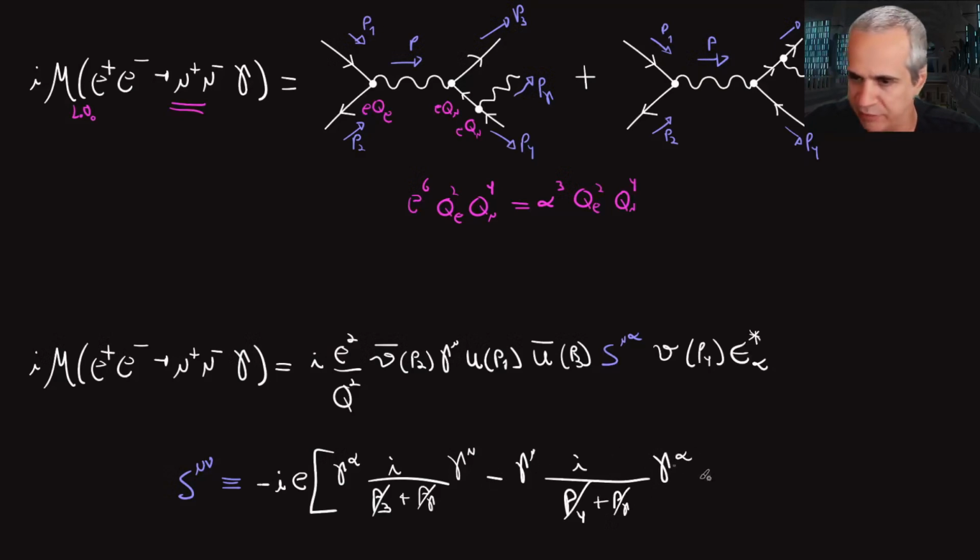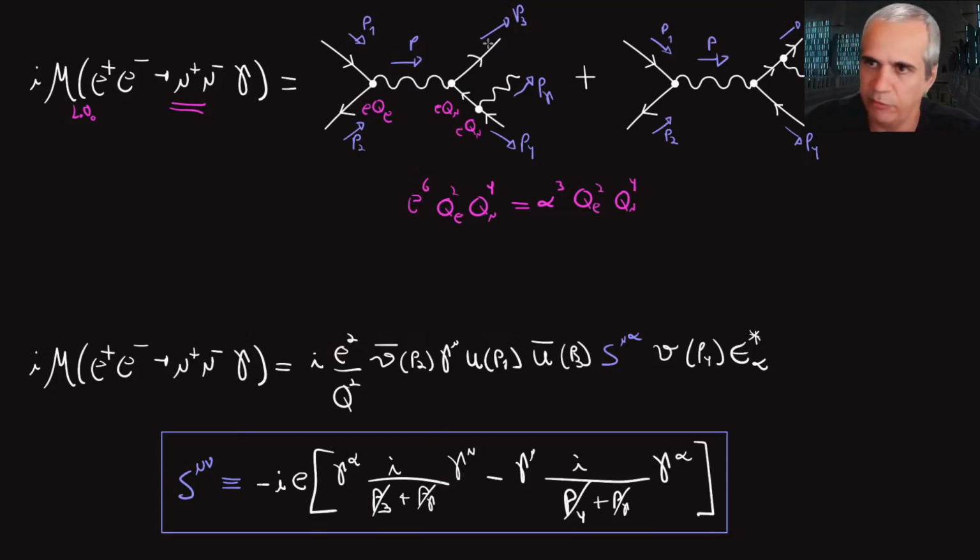And I have a relative minus sign between these two diagrams just because of fermionic Feynman rules, right? So now this S mu here is encapsulating all the new things, but I managed to put these in a very similar way to the diagram without this extra photon. The only new things are S and the polarization.